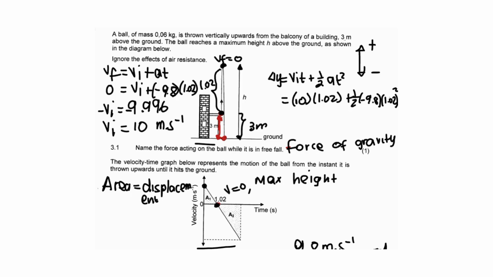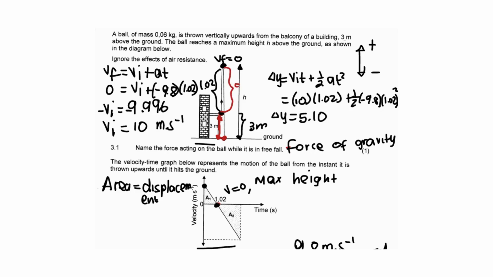So I'm just going to quickly plug that on my calculator. 1/2 times -9,8 times 1,02 squared. So that gives me delta y is 5,10. So the delta y that I've calculated is the distance from there to there.